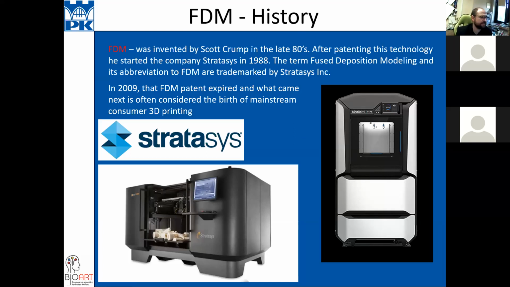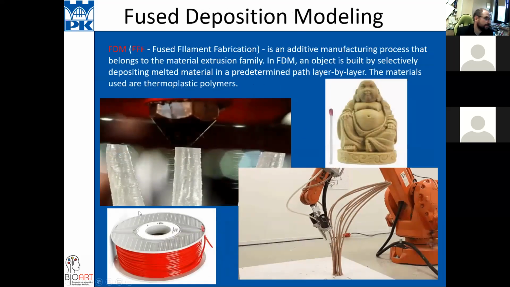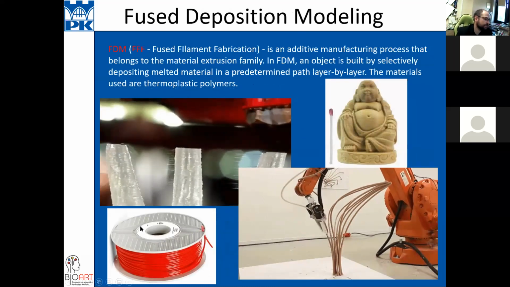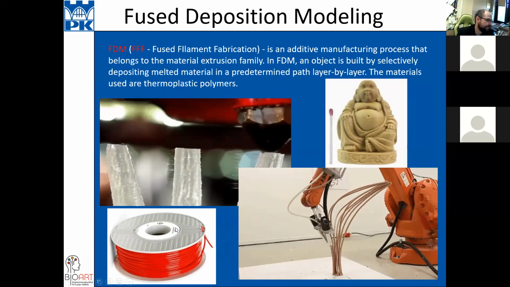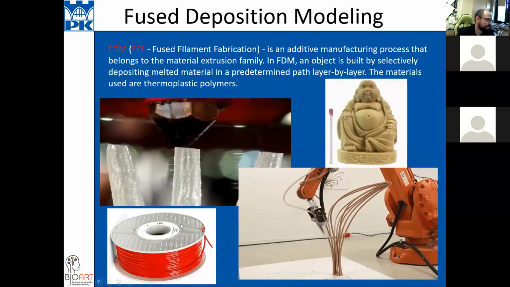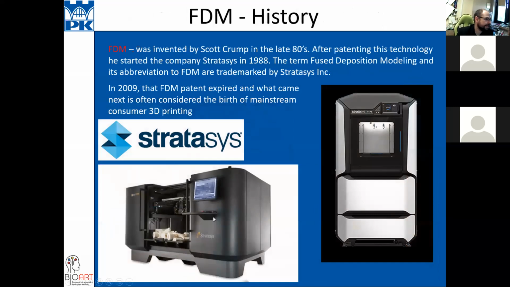The printer is very expensive, and also filaments are very expensive, because in this technique, in most cases, you use filaments, polymer materials, and in this device you must use exactly the producer's filaments.